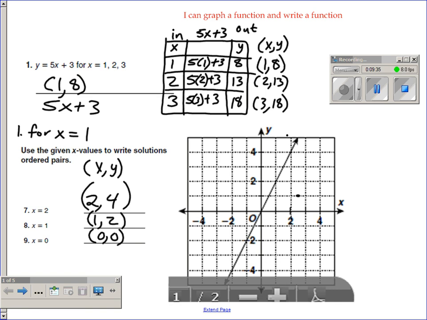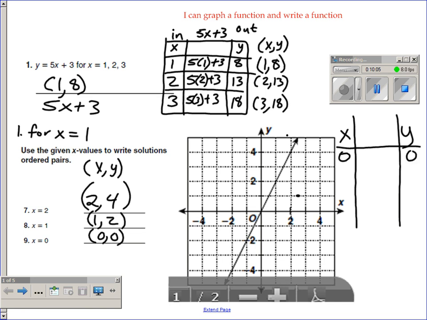Now, I want to show you something. I'm going to create something like this right here. And I want to see if you can determine what the rule is. Okay? So we're going to play What's My Rule? So let's try this. When X and Y, input, output, right? When we put in 0, we get out 0.